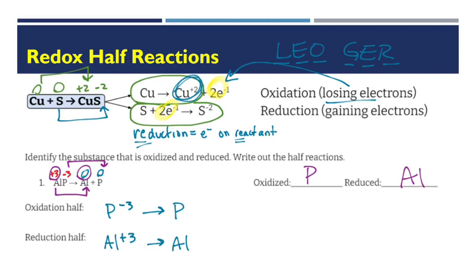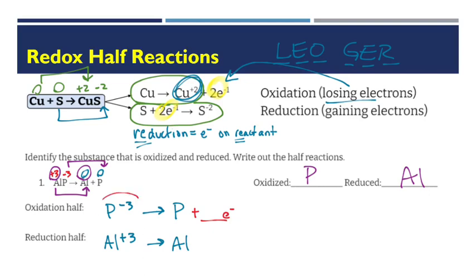And I always make sure to put my electron terms on the side that they're going to be on. And then I think, okay, how many electrons does it take? Because it's not always 2, although 2 is a fairly common number. It's generally small numbers, though.